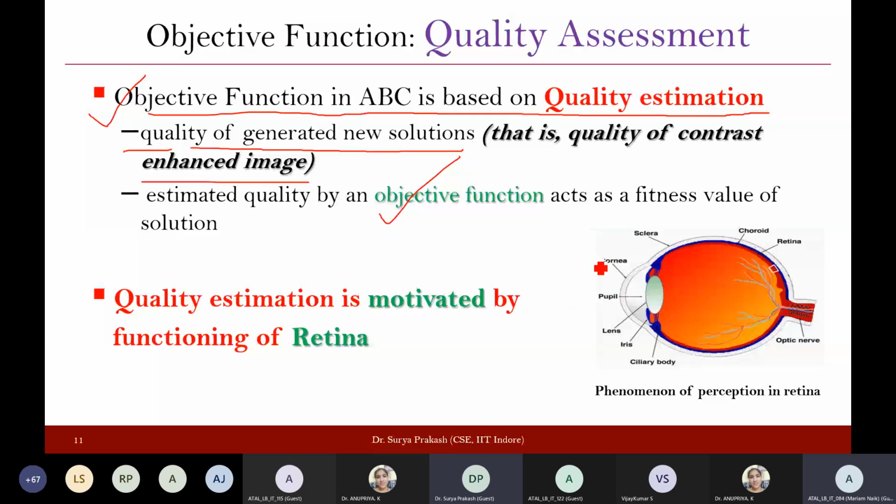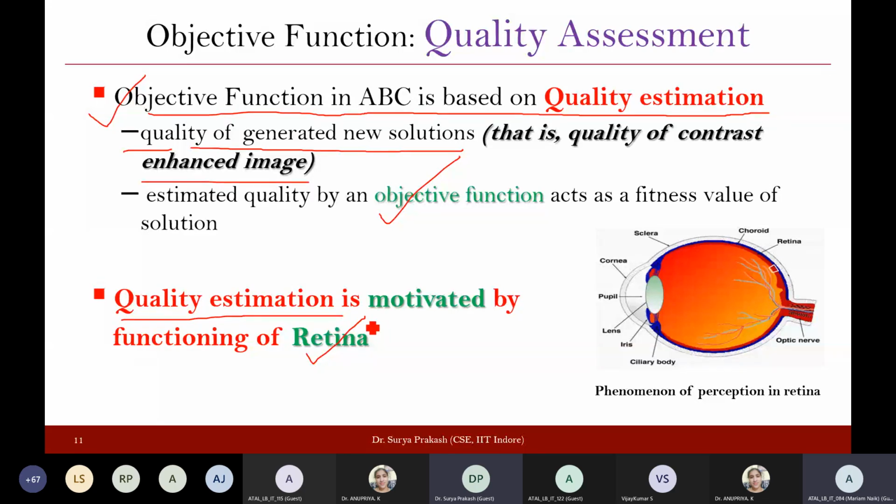Okay, and so here quality estimation, which is a kind of objective function here, as I said, is actually motivated by the functioning of the retina. So the algorithm that we are going to see here is going to compute the contrast of the image, or rather, based on the contrast, it is going to compute the quality of the image.